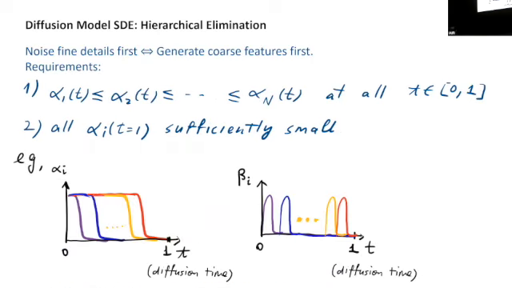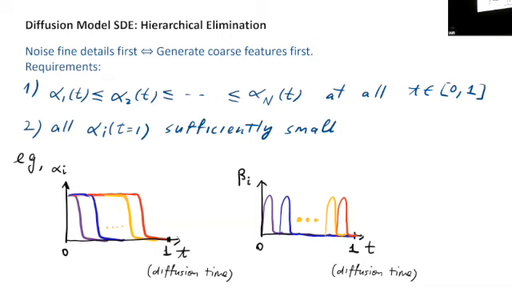For instance, this is drawn according to rainbow color, so hopefully you know what it means. This will be one example where the noising procedure is strictly hierarchical: you noise one mode out before you noise the other one.